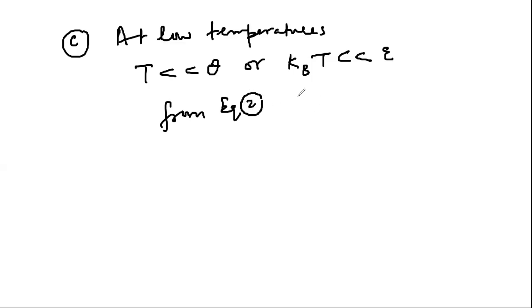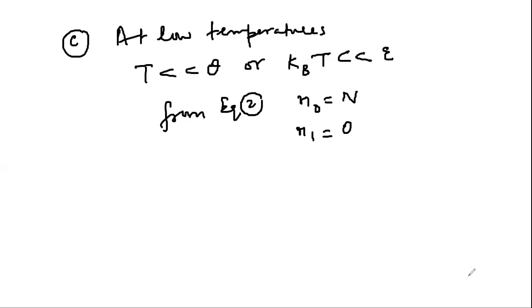you can see that N naught is equal to N and N1 is equal to 0. I'm saying at low temperature, when T is much less than theta, or equivalently kBT is much less than epsilon naught, from equation 2, if you put these conditions in the expressions for N naught and N1, you will get N naught equal to N and N1 equal to 0.